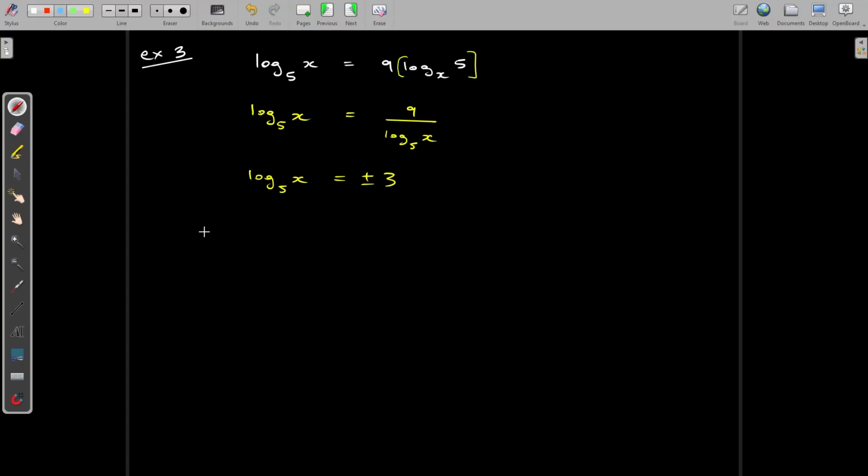So one of our solutions will be 5 cubed, x is equal to 125, or 5 to the negative 3, x is equal to 1 over 125. So you should be able to pinpoint and add in the extra steps that we took to get to this point. Okay?